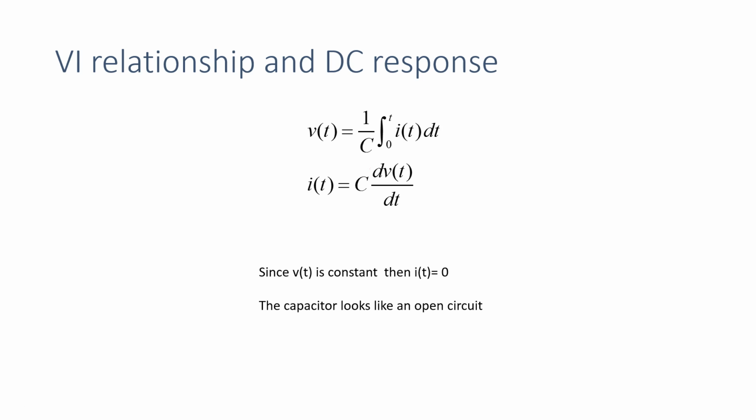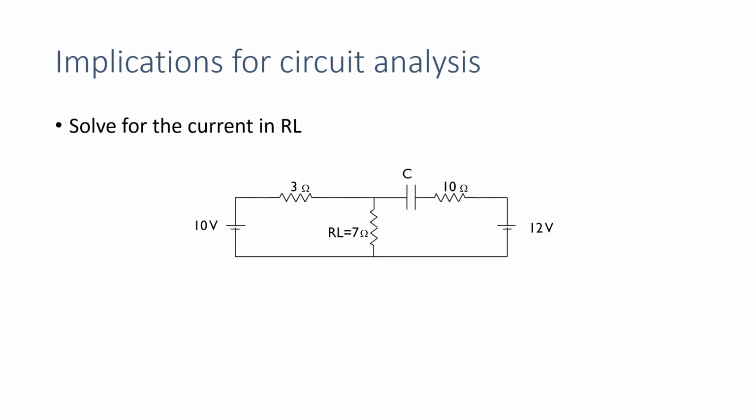And what did we come across that has a 0 current through it? It's an open circuit. So in steady state, the capacitor behaves like an open circuit. Now what this means is that if we are solving a circuit with a capacitor in it and we're looking at the steady state response, and the steady state response means the levels of the voltages when everything settles down and becomes constant, so they are steady, the circuit is in a steady state.